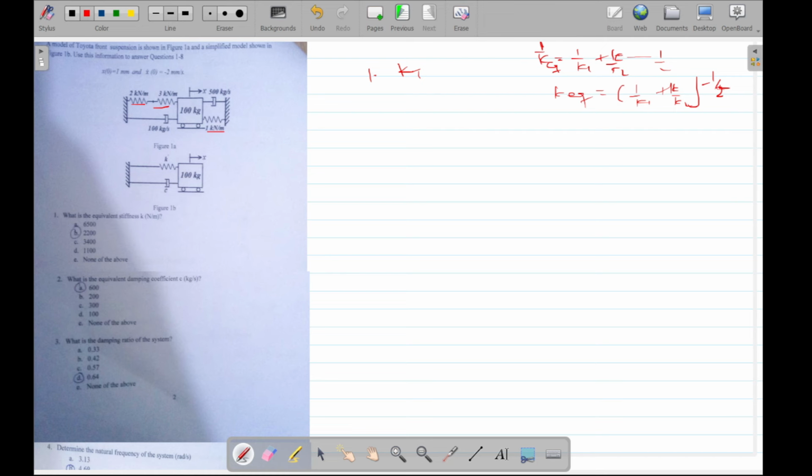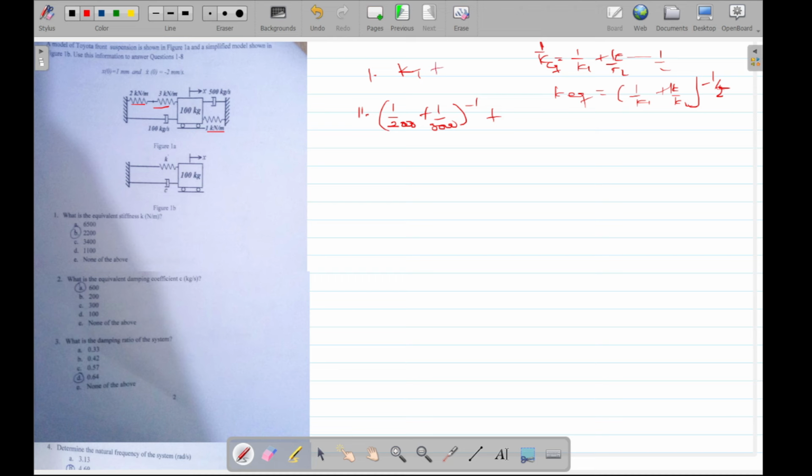So for the K values, for question 1, we have 1 over 2,000 plus 1 over 3,000, all inverse, plus, and when they are in parallel, you just add them.